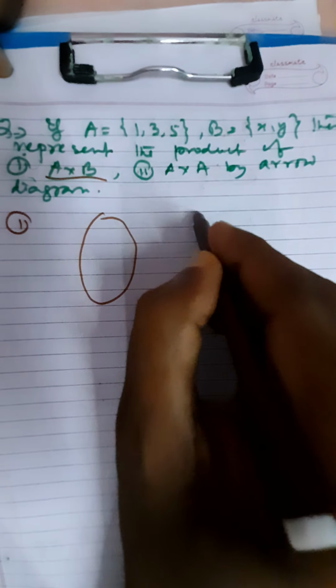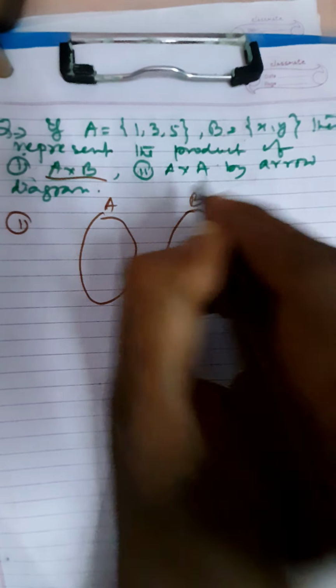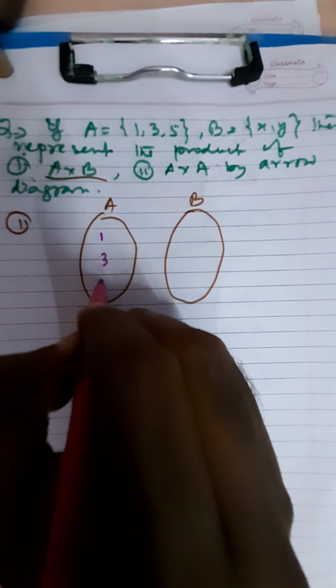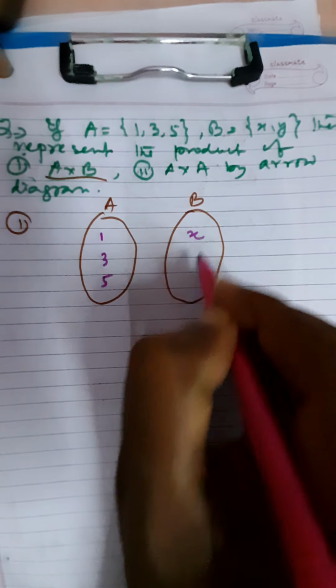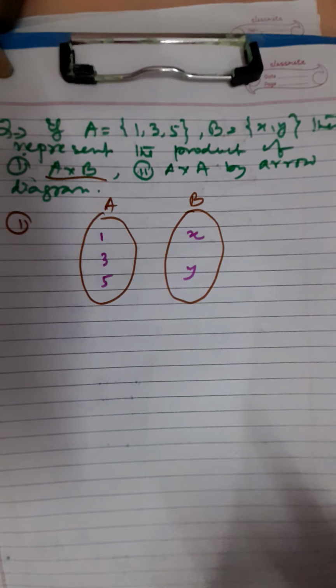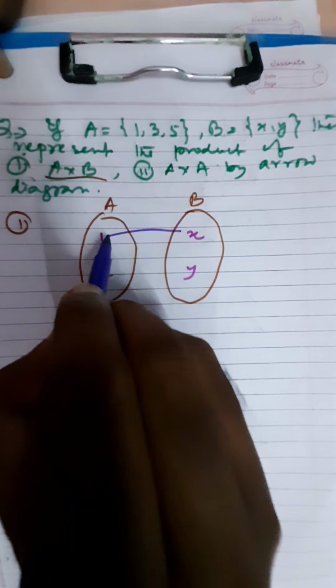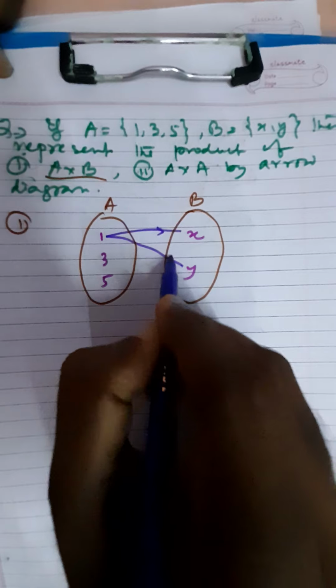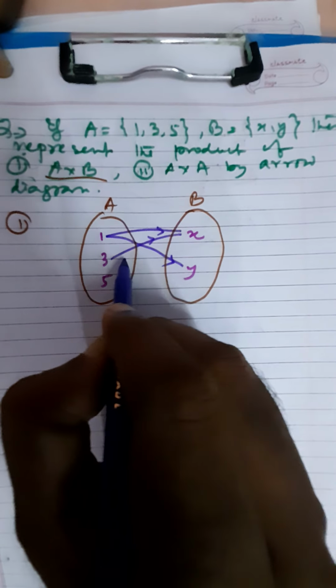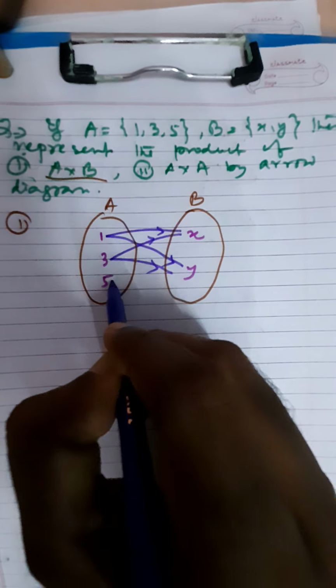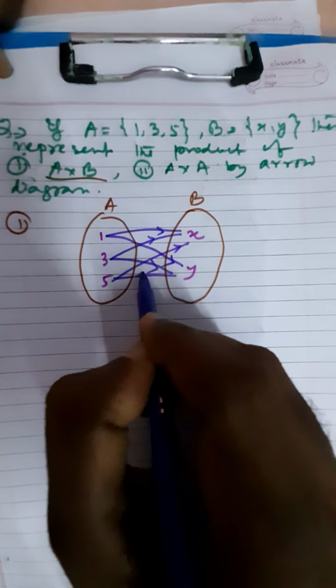So the first one, A cross B. This is A, this is B. In A, the elements are 1, 3, 5. In B, the elements are x, y. So 1 is associated with x and y, 3 is associated with x and y, 5 is associated with x and y.